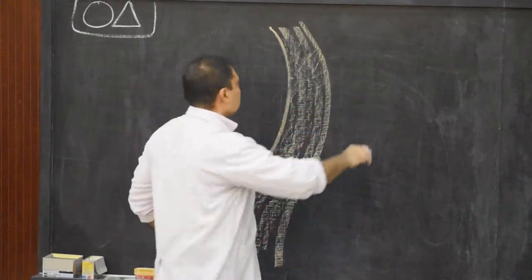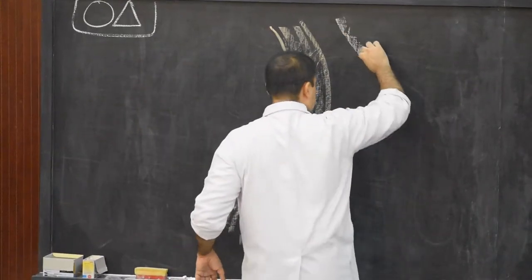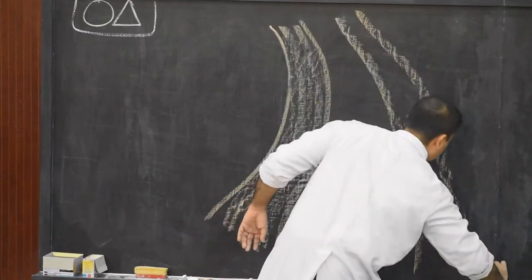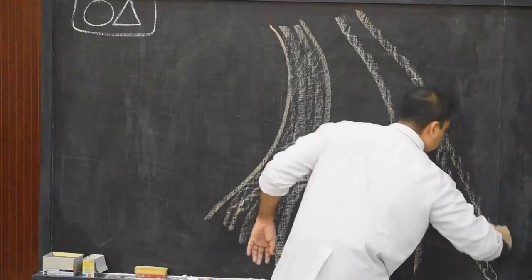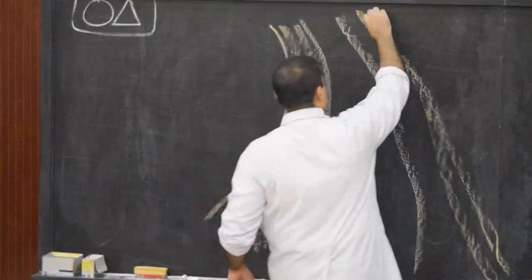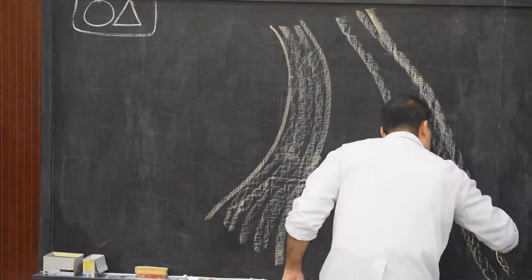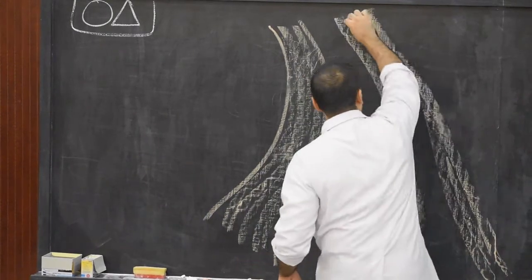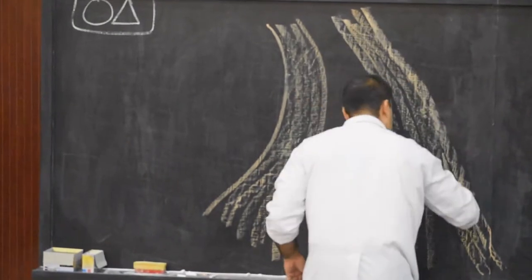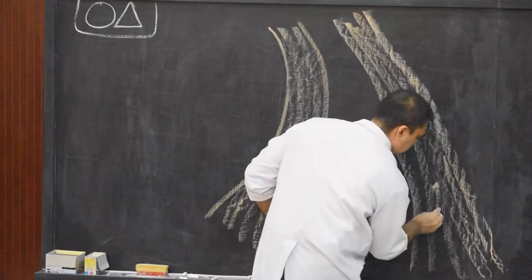Next muscle we are going to draw will be sternocleidomastoid muscle. So here we are going to show the sternocleidomastoid muscle. Please draw this sternocleidomastoid where you show these are the fibers of sternocleidomastoid.